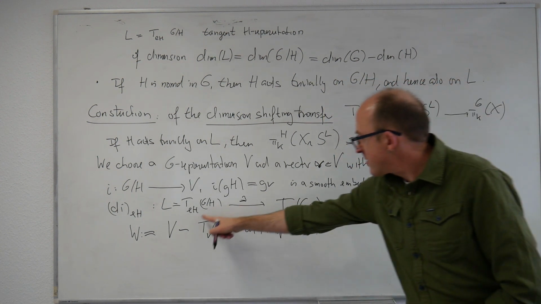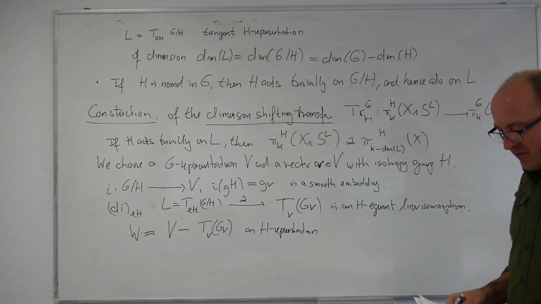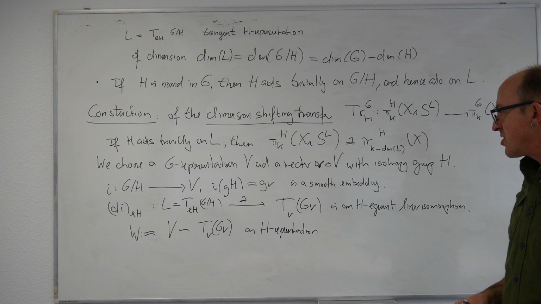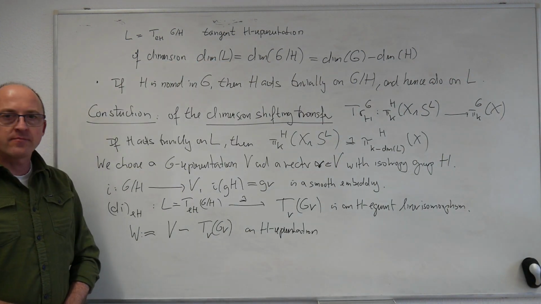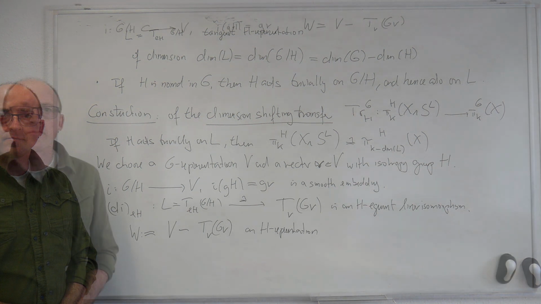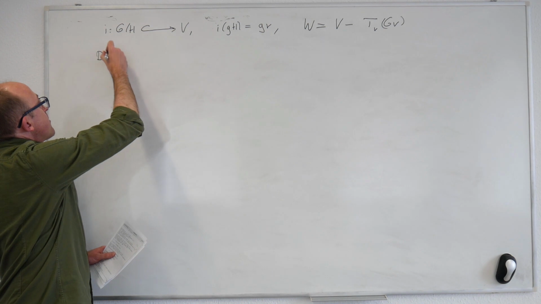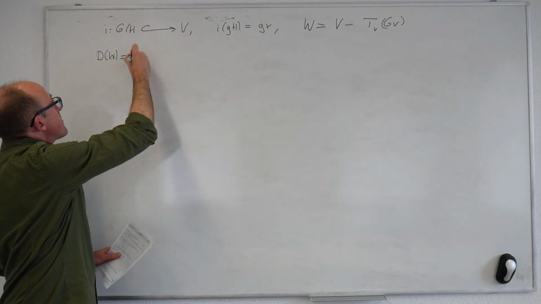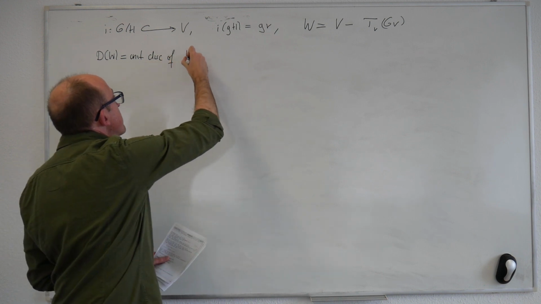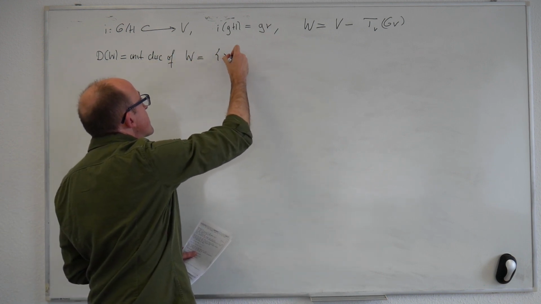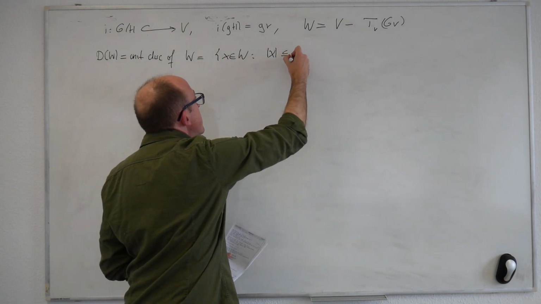Because this was H invariant, its orthogonal complement is also H invariant, but it's typically not a G invariant subspace. So let me now write D(W) for the unit disk, all vectors x in W that have length at most 1.